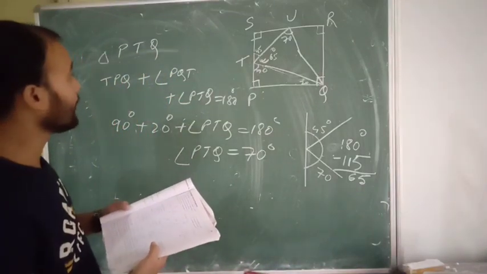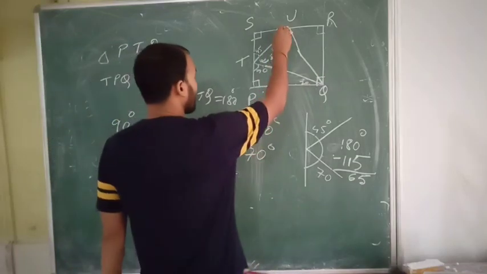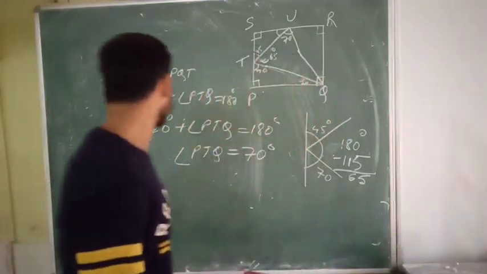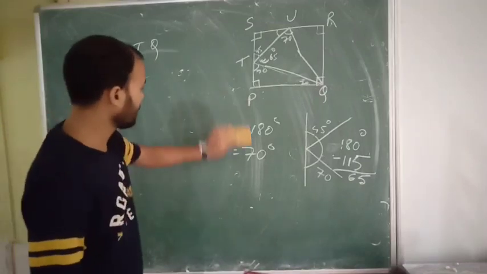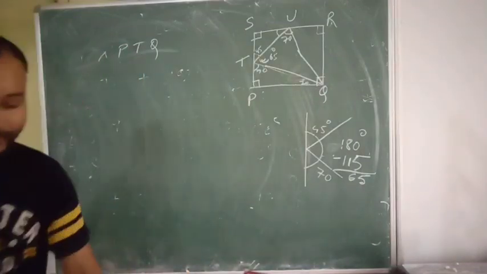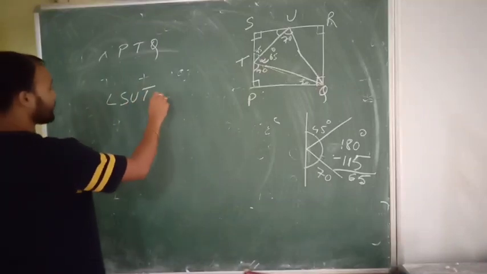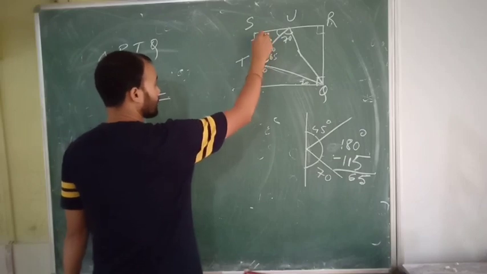SUT. This angle. See, SUT can also be calculated in a similar way. Angle SUT. You see, this is the triangle. This is 90 degrees. This is 45 degrees. 180 minus the sum.